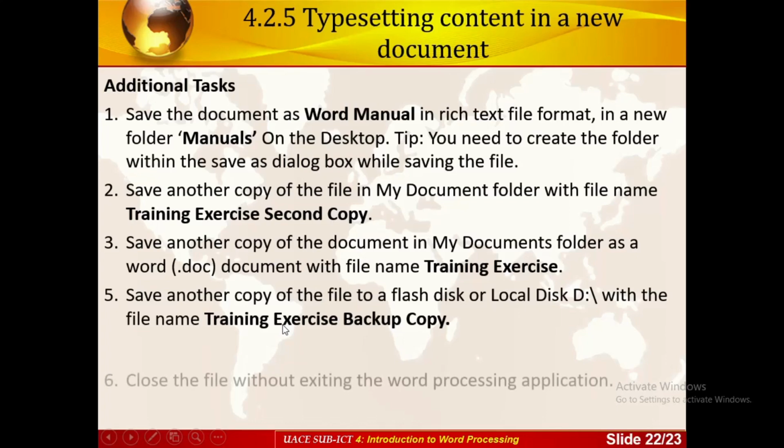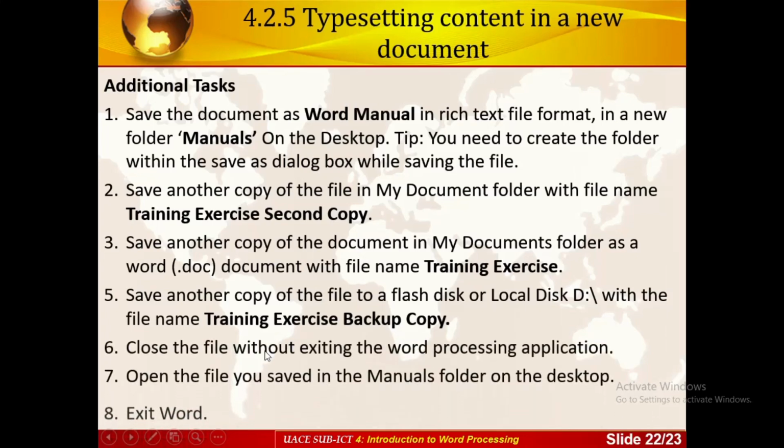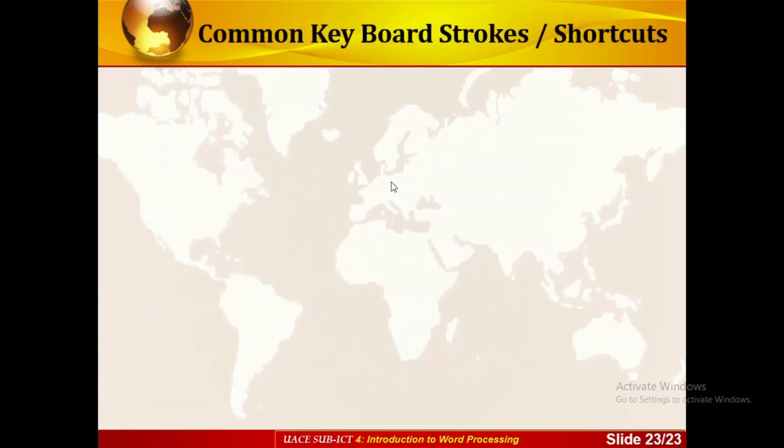So this task is related to how you can save a document using different folders and different locations. Then after that, save it on the desktop. This is the question which I'm expecting you to submit.